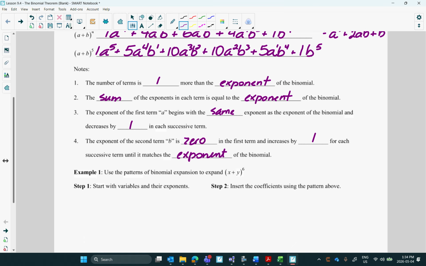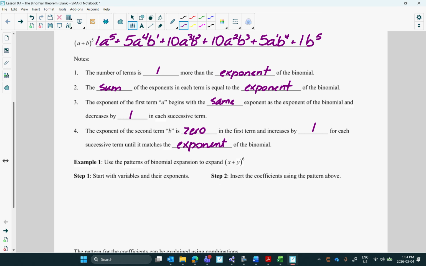Let's do x plus y to the 6th. Remember, I could put whatever I want in here. But we know, keep that one up there. We know it starts with 1, and then what? x to the 6th.